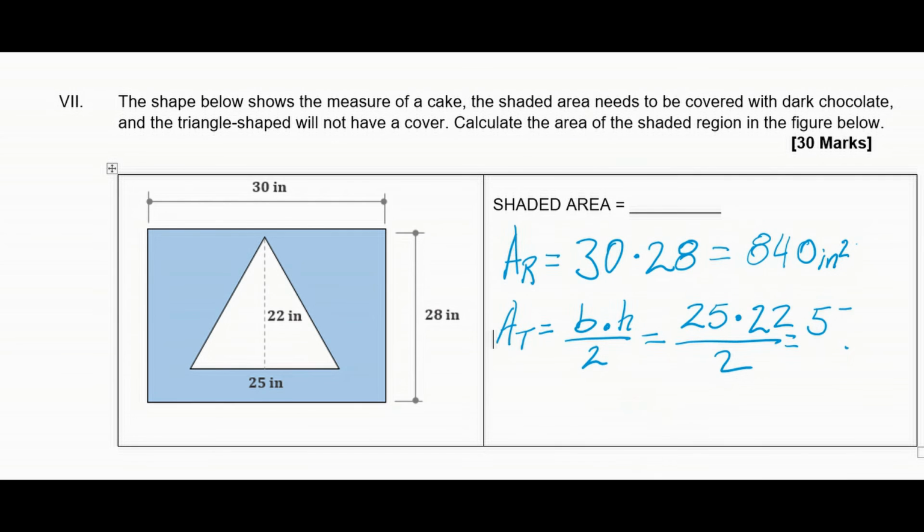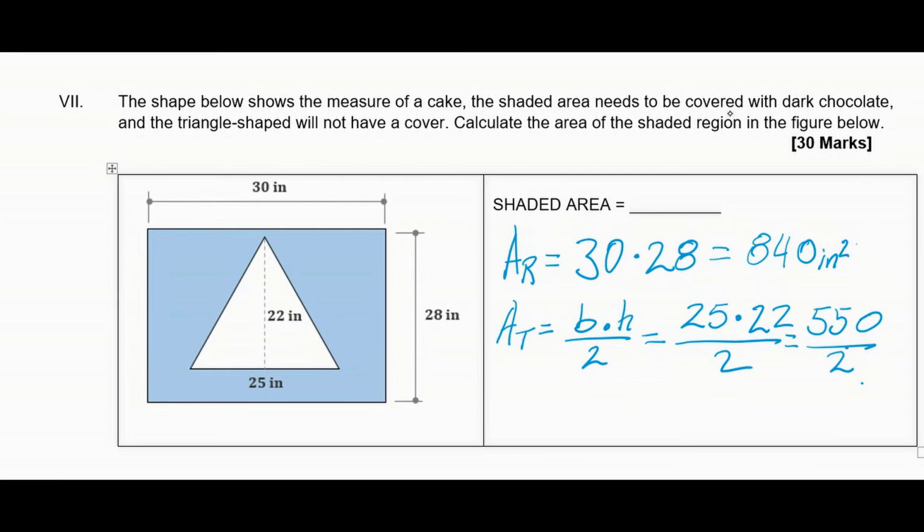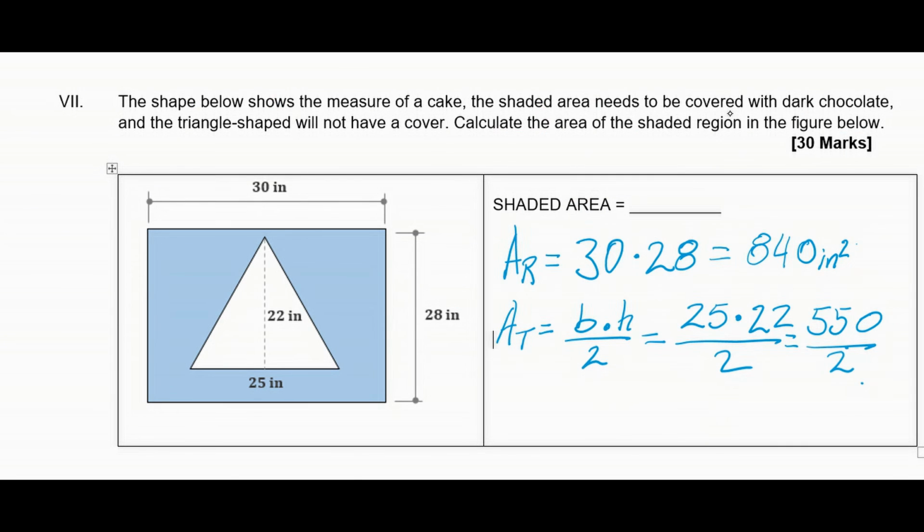So 550 divided by 2. Although we don't need a calculator, what about these divided by 2? It is 275. In this case, square inches.